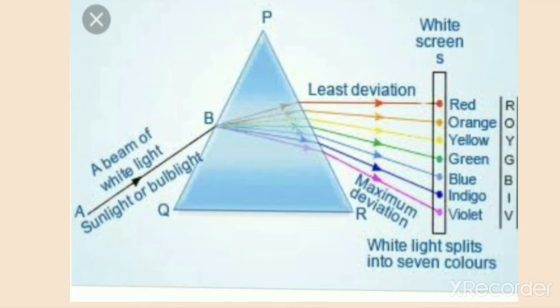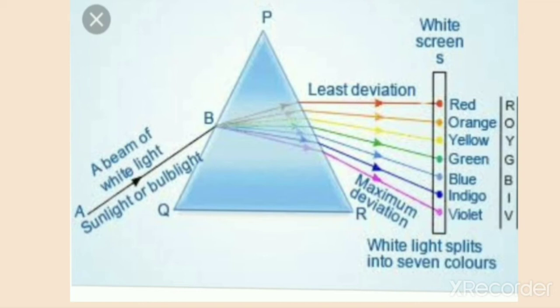He first did the experiment with the lens and then with the prism, and through the prism this whole process got cleared up, why the light gets split. If you pass a yellow light through the prism, you will not get all seven colors on the screen.